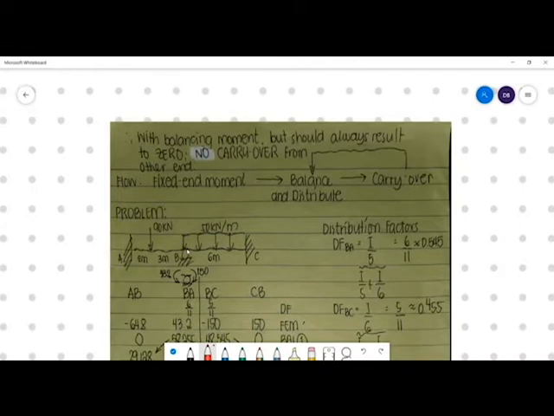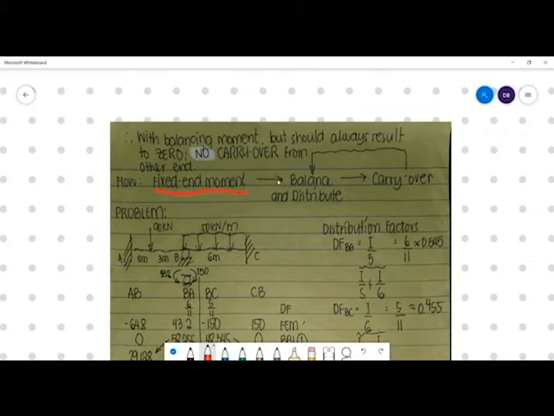So let's solve this problem. Before we try to solve it, here is the flow of how we do the moment distribution method. First we have the fixed end moments, because we restrain all the movement, all the degrees of freedom.